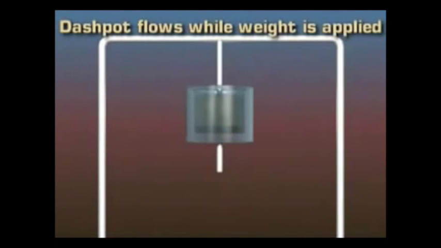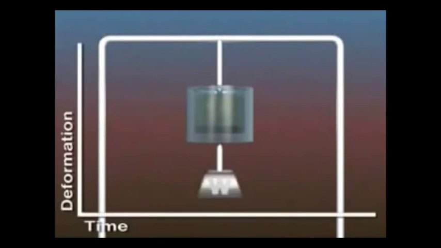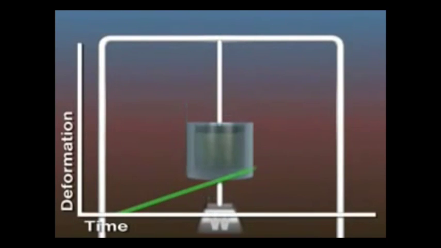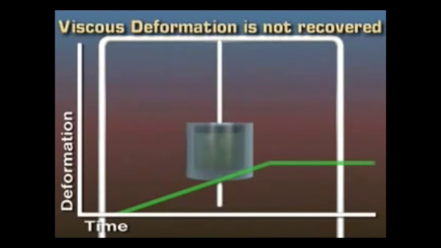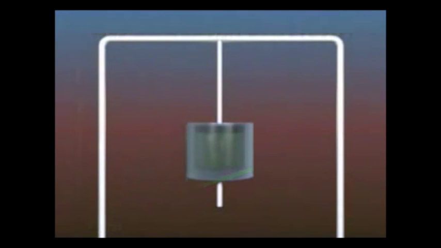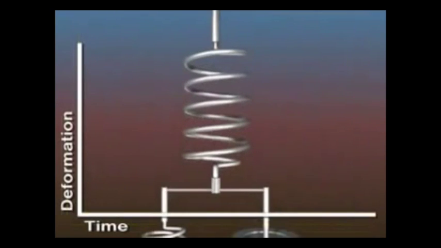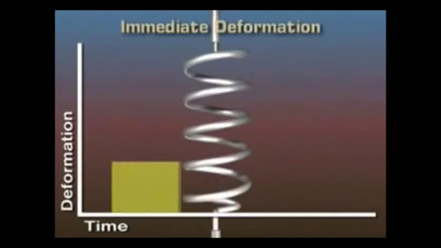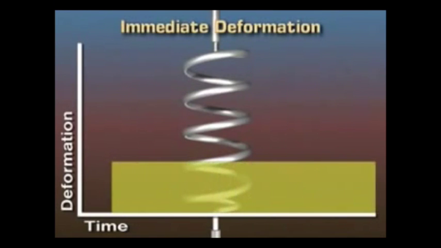The third component of the model is the dashpot. The dashpot flows while the weight is applied to the system. When the weight is removed from the system, none of the viscous component is recovered. To fully understand the model, the three components must be superimposed. When the weight is applied, the system undergoes an immediate deformation due to the spring component.